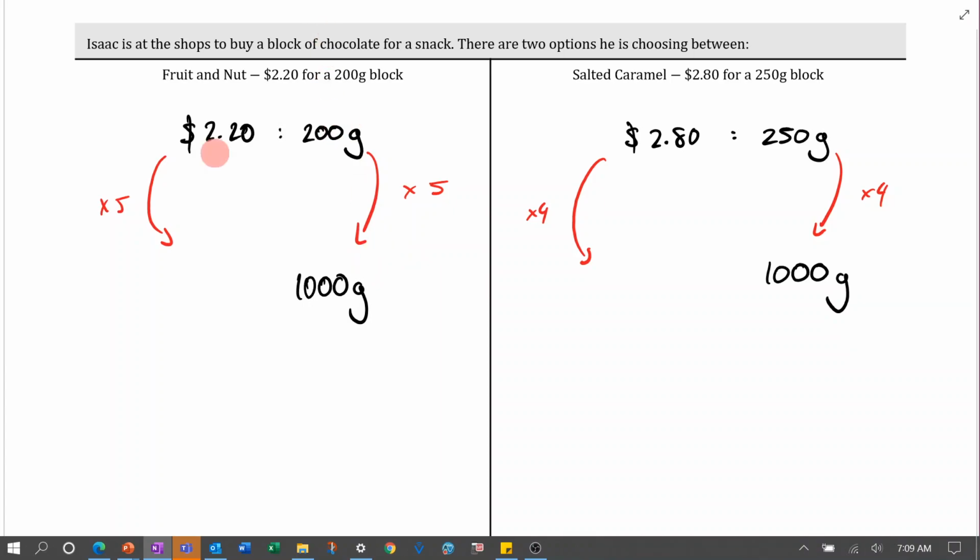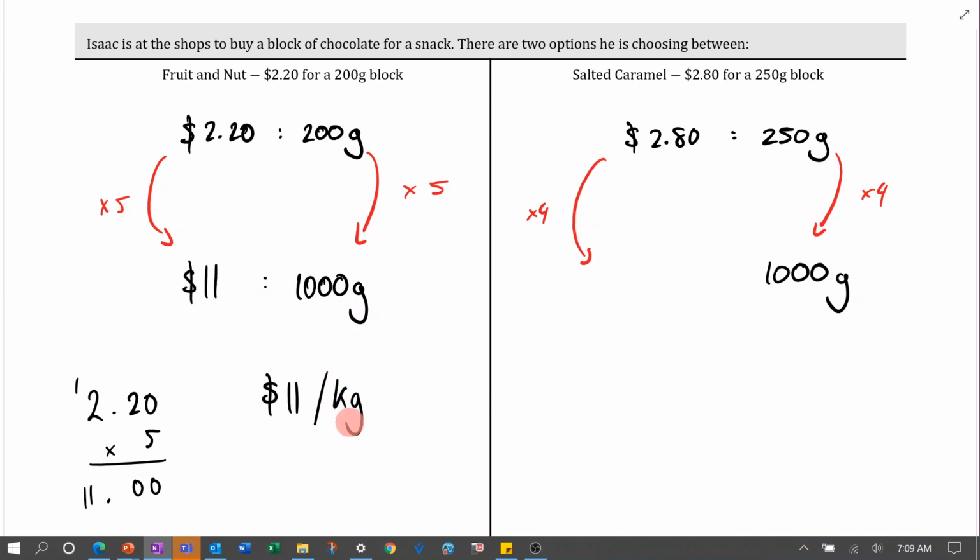All right, I need to figure out what is 220 times 5. 0 times 5 is 0. 2 times 5 is 10. Put the 0 there, carry the 1. 5 times 2 is 10 plus 1 is 11. So this would be $11. Let's just leave it like that. So this is $11, and I'm going to write it per kilogram.